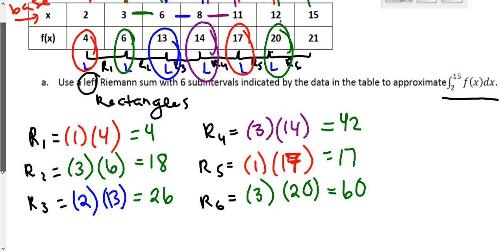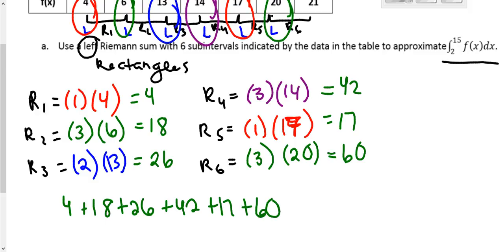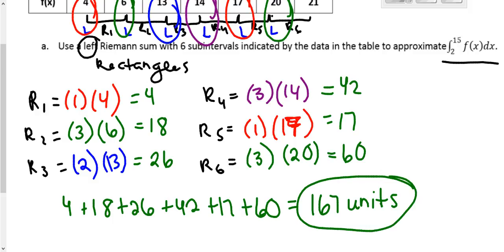And then when we add all these areas up, we have 4 plus 18 plus 26 plus 42 plus 17 plus 60. So our total area is 167 units squared. So that is our approximate area. That's the answer to part A.